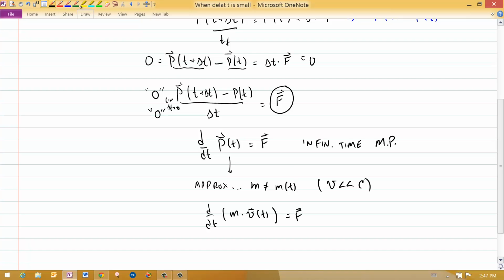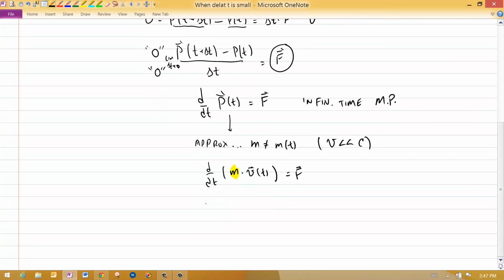Now, if the mass is not dependent on the time, then I can take it right out of the derivative symbol. So mass times the time rate of change of the velocity vector is equal to the force. And this is a special formula. It's got lots of names to it. It's called Newton's second law. The force from the surroundings is equal to the mass of the system times the acceleration of the system.